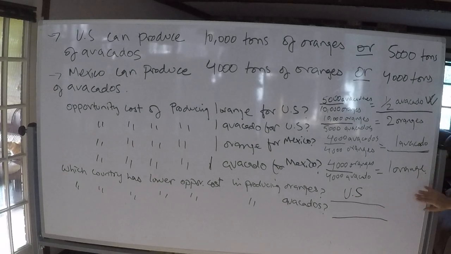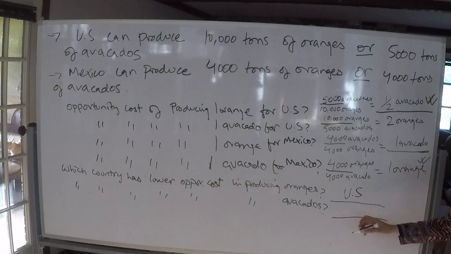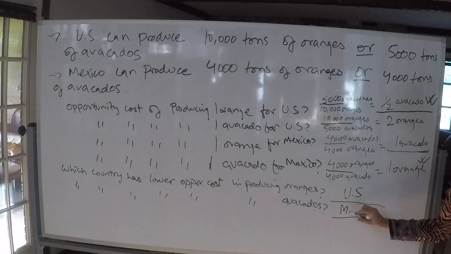So who has a lower opportunity cost? Is it costing less for Mexico to produce avocados or for US? US is giving up 2 oranges, Mexico is giving up 1 orange. So in producing avocados, Mexico has a comparative advantage.